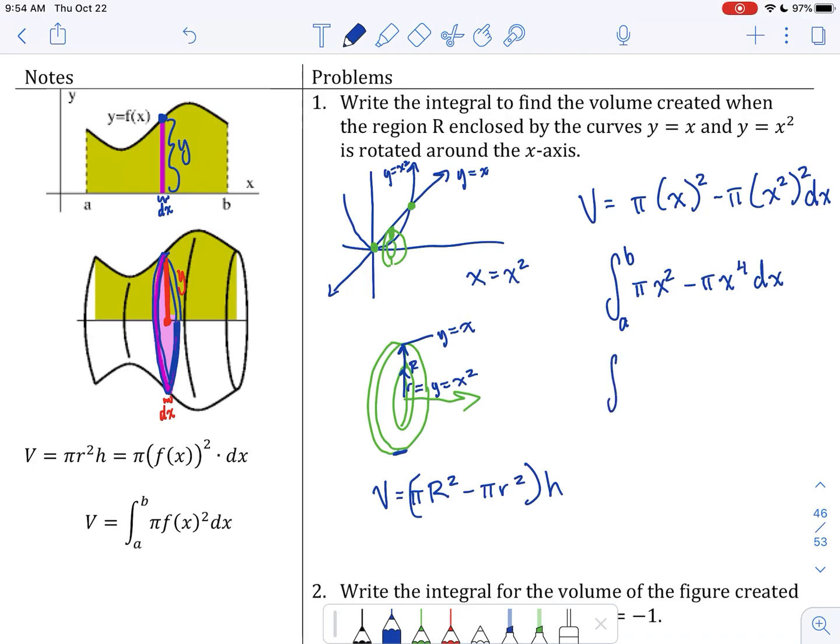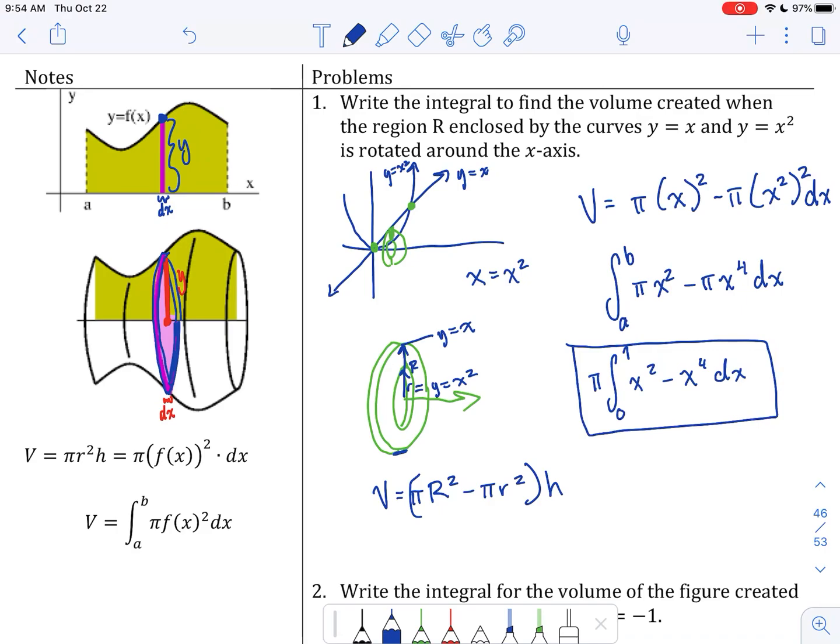Or you can use your mathematical knowledge and say, oh, that's 0 and 1. Factor out a pi, x squared minus x to the fourth dx. And that would be a fine volume integral, because it doesn't say evaluate. Hopefully, those are both polynomials, and you would feel confident evaluating that.